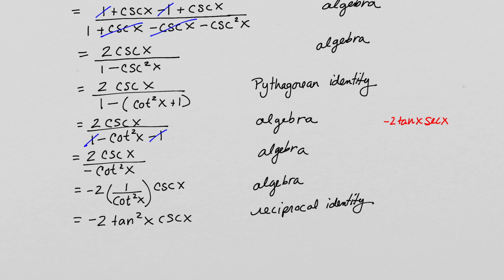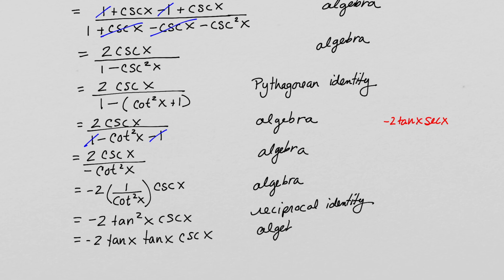So we're almost there, I promise. Remember, my final answer just has 1 tangent in it, and right now I have 2 of them. So just like we did in the last problem where we broke it up, we're going to do that same thing now. So this is going to be minus 2 tangent x times tangent x cosecant x.